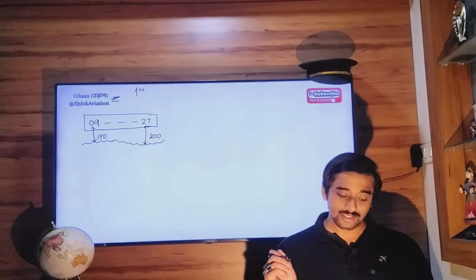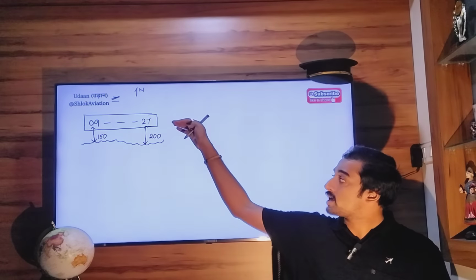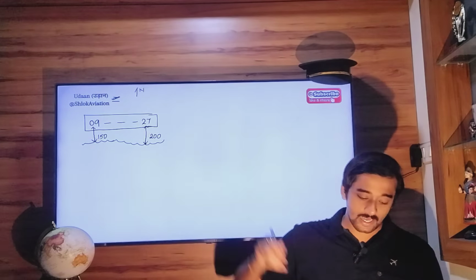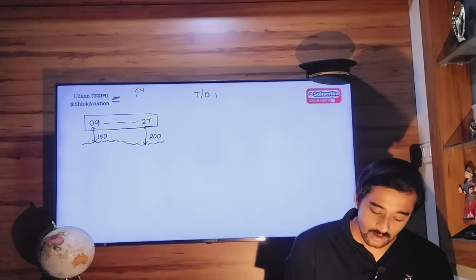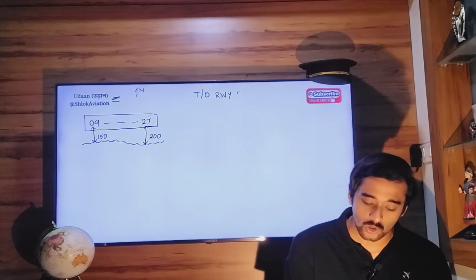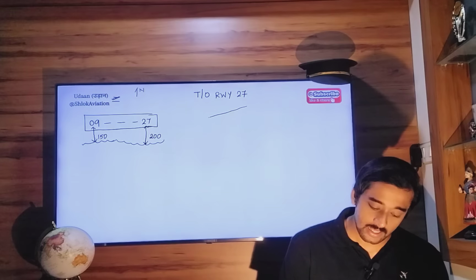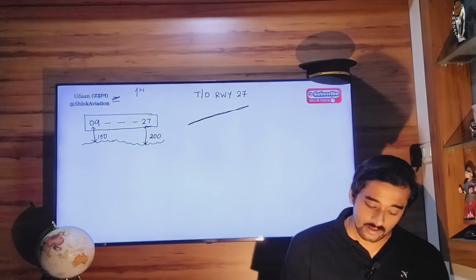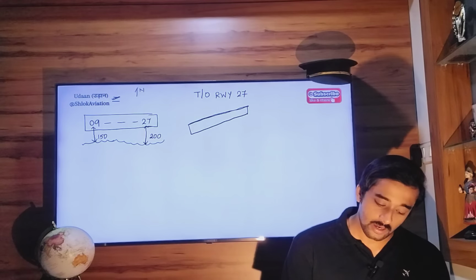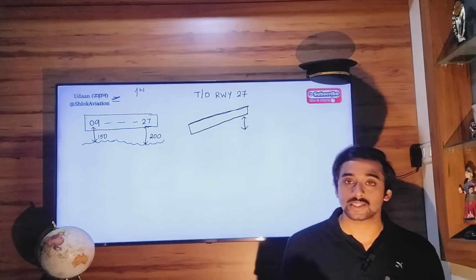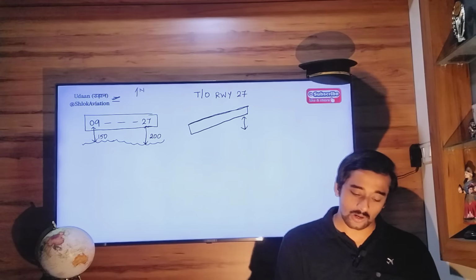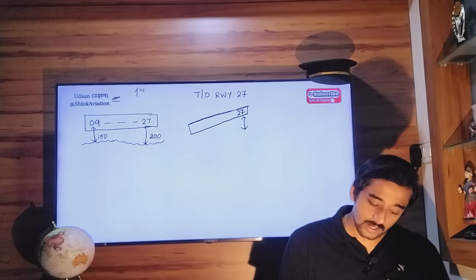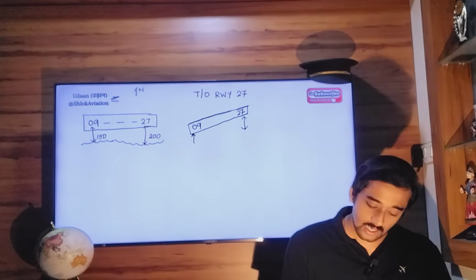So that means if you are taking off from runway 27, what will happen? You will experience a down slope. That means your runway is something like this. This runway 27 part is lifted, higher than runway 09.